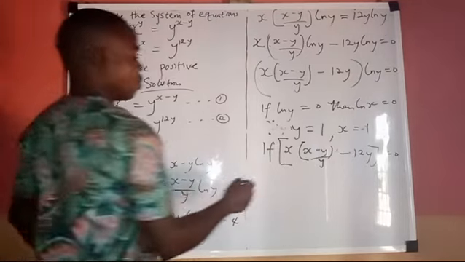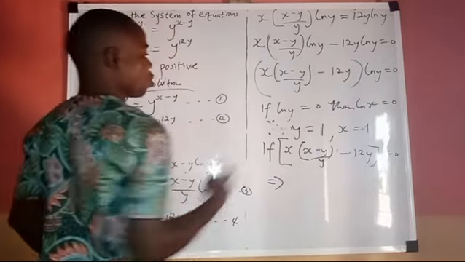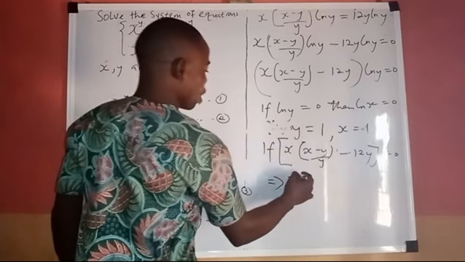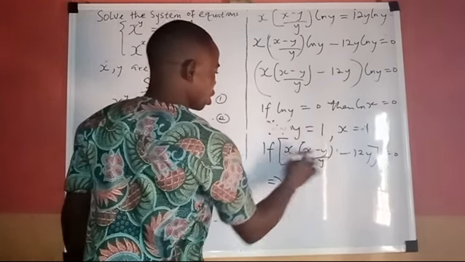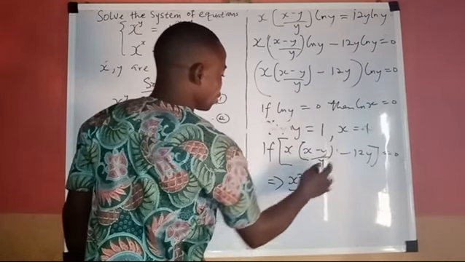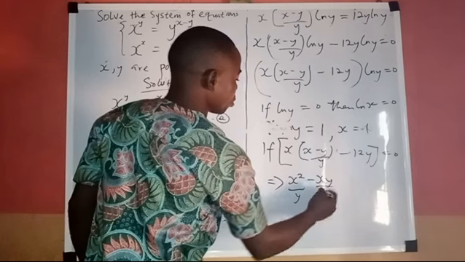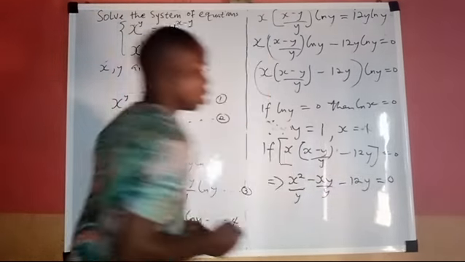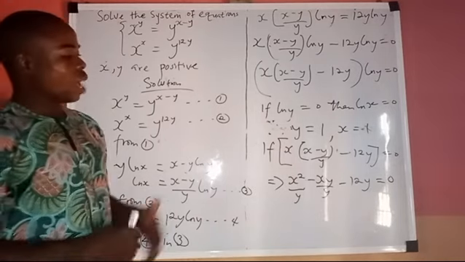This now implies that we want to open that bracket. If you multiply this x, you will have x squared minus this times this will give us xy, and let's split the y for all of them, and it is equal to 0.